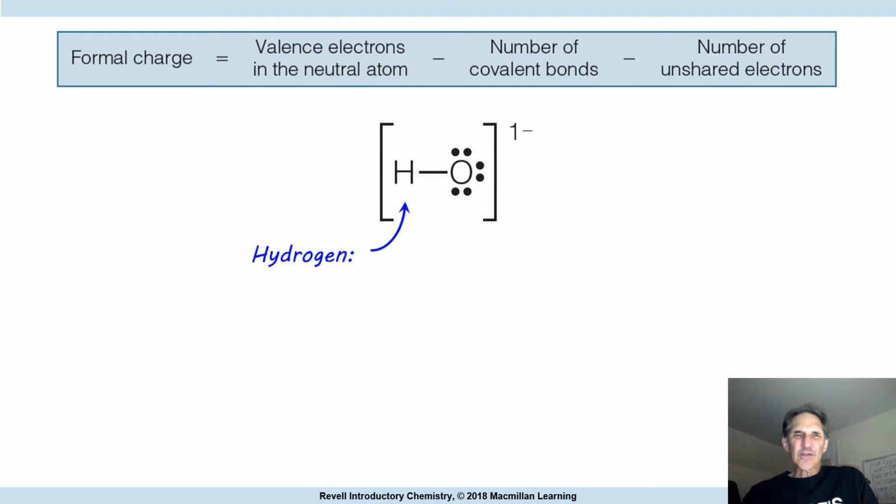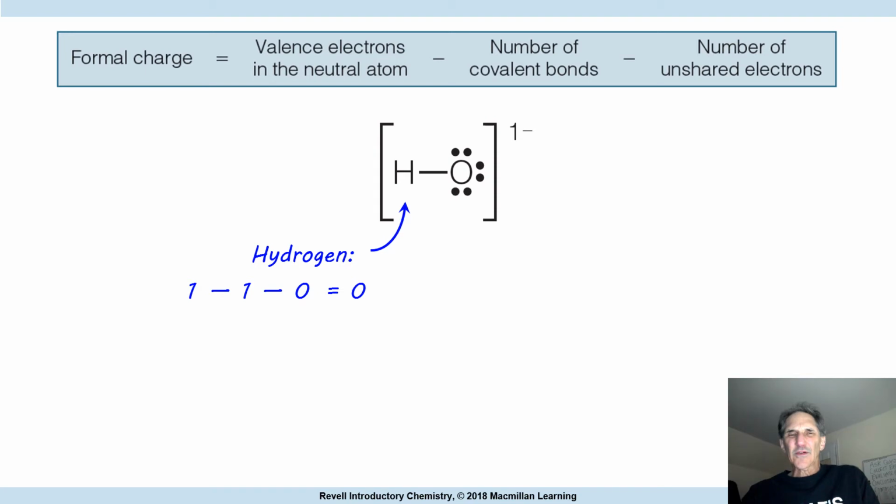First, for the hydrogen. The hydrogen has 1 valence electron. In this case, how many covalent bonds are there? Well, there's 1. It's participating in 1. And unshared electrons, there's 0. So that comes out to 0.